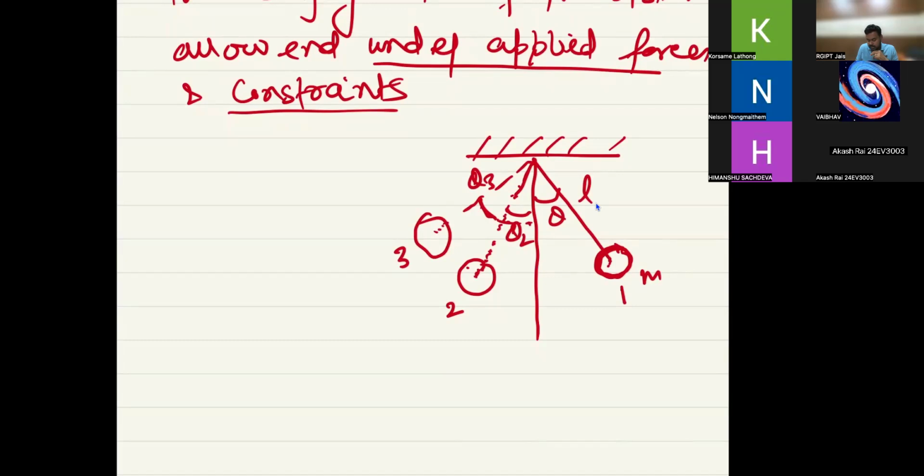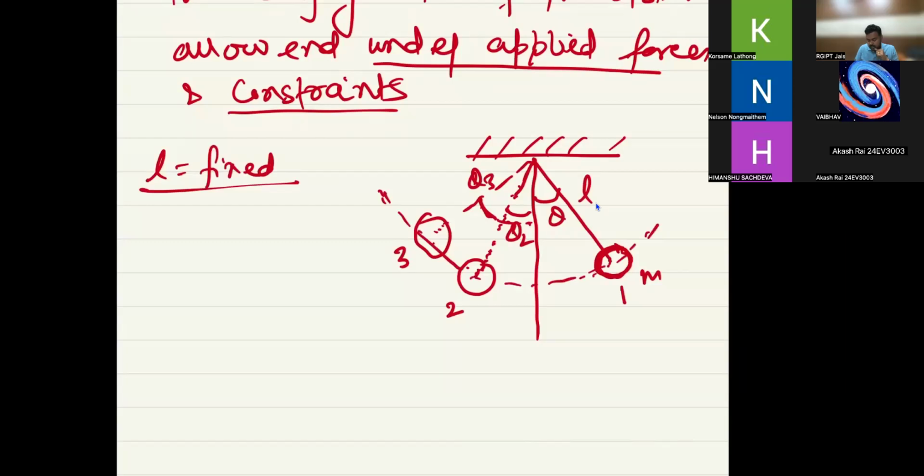What are the constraints here? The constraint here is that this string is inextensible. This L is fixed in this case. So that is one of the constraints here. So for the pendulum bob, all the configurations will be along this line.